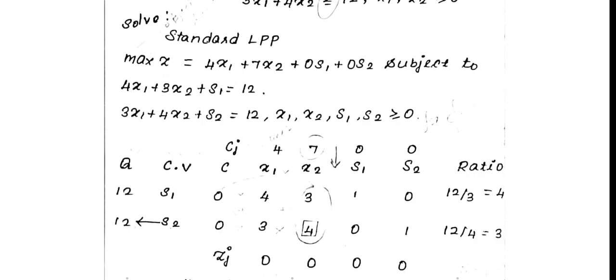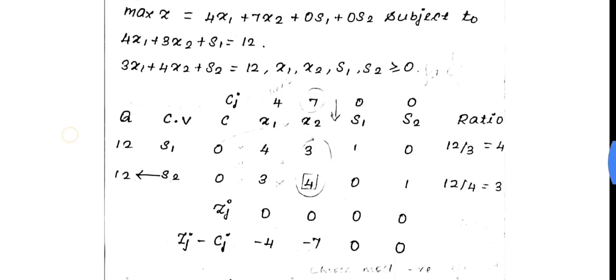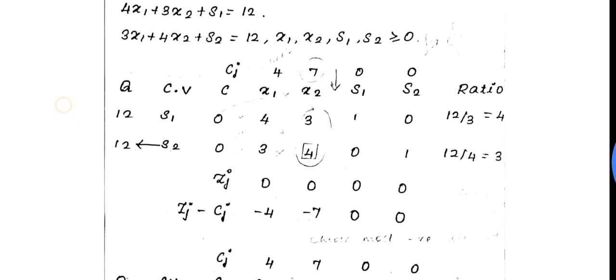See the table. Construct Zj. Zj values are 0, 0, 0. We can calculate Zj minus Cj. All the values are negative. We have to choose the most negative in the column. Here x2 is the entering variable and s2 is the leaving variable. Therefore, the new pivot equation is 3 by 4, 1, 0, 1 by 4.